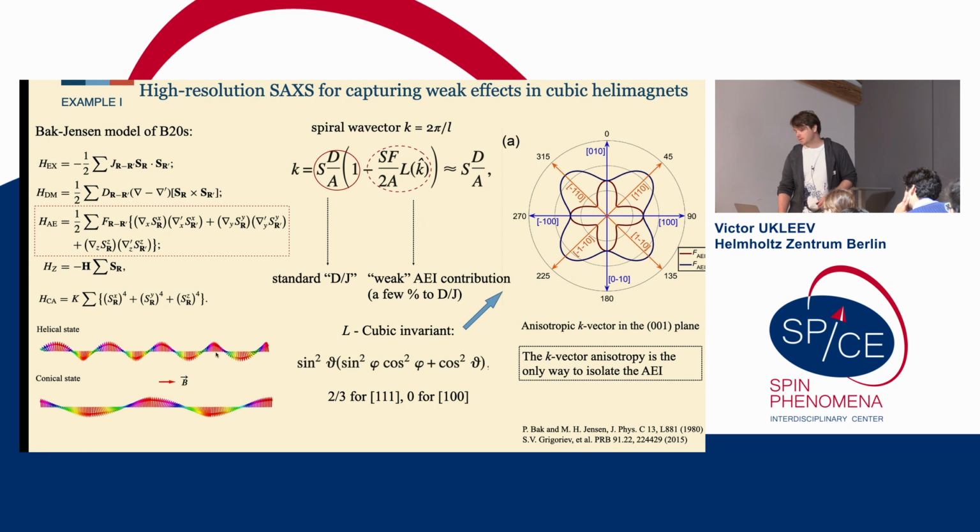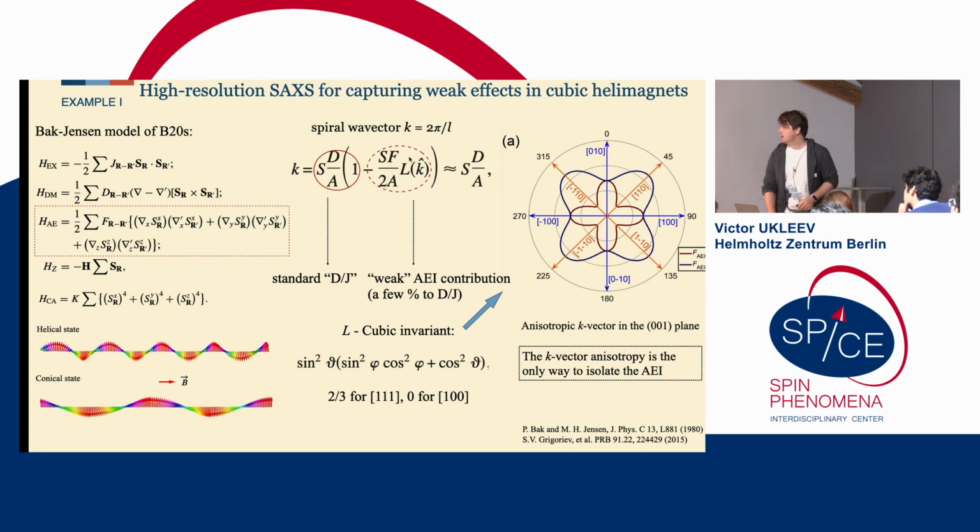In the ground state, the helical propagation vector is given by the combination of the magnetocrystalline cubic anisotropy and the so-called anisotropic exchange interaction. If you solve this problem, which was done in the 80s by Bak and Jensen, the so-called Bak-Jensen model, you get the wave vector of the spiral given mainly by the ratio between D and J, so between the Dzyaloshinskii-Moriya and exchange interactions.